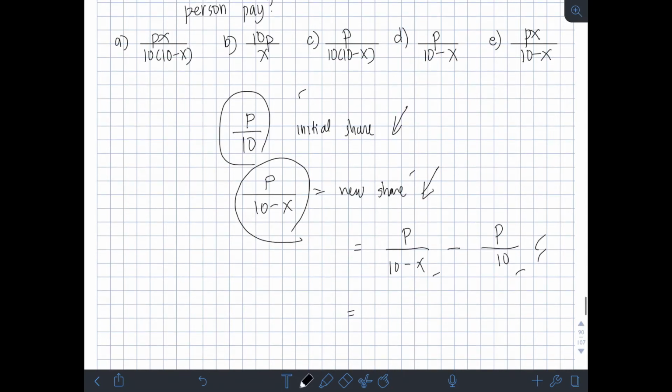So, multiply lang, right? So, 10 minus X times 10. So, 10 times 10 minus X divided by 10 minus X is 10. Then, times P, 10P.